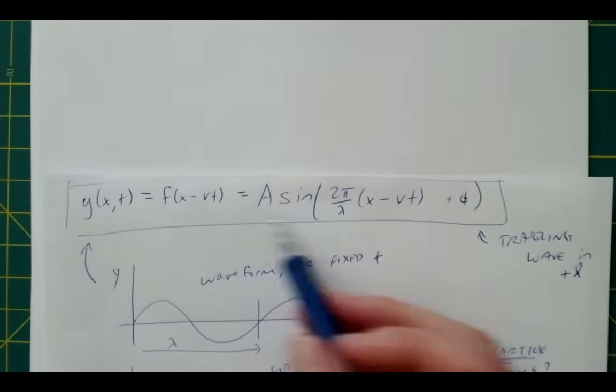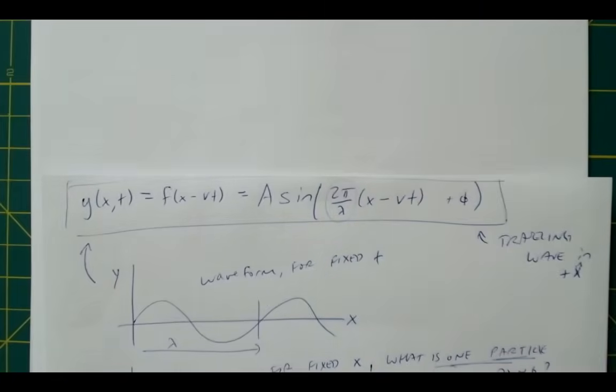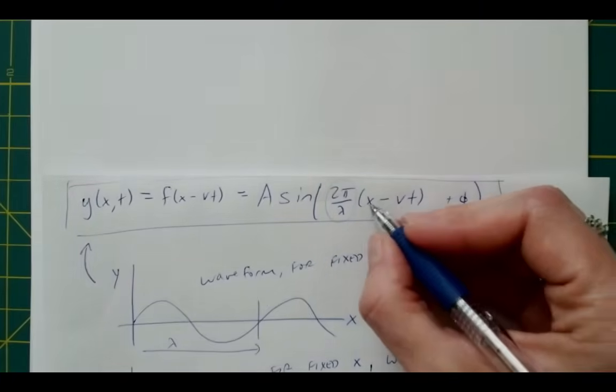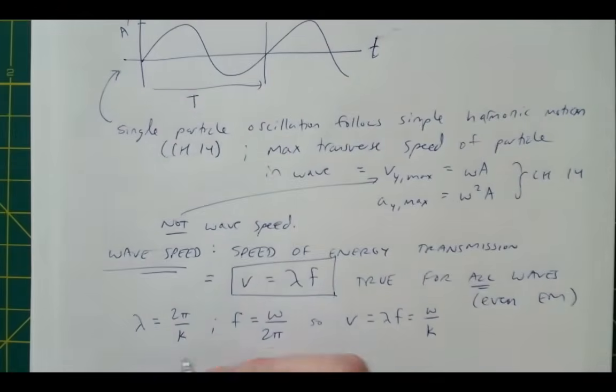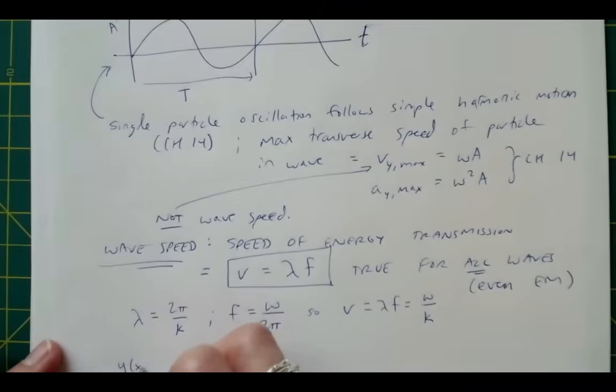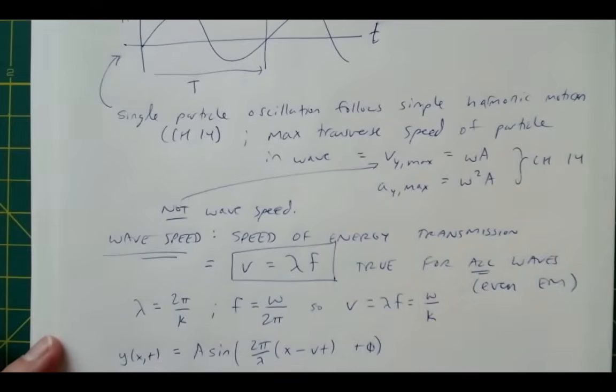So if we do that, and we go back to this first form here, we can see that we have 2 pi over lambda times x, and 2 pi over lambda times v. So I'll rewrite it again real quick. Y as a function of x and t is equal to A times the sine of 2 pi over lambda, x minus vt, plus phi.